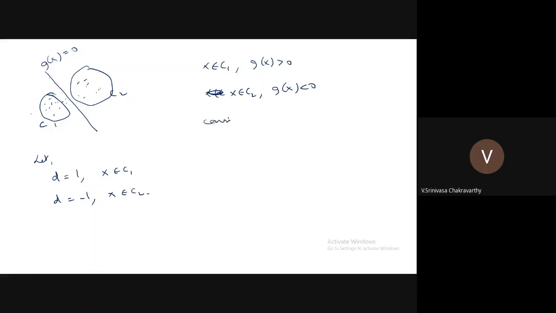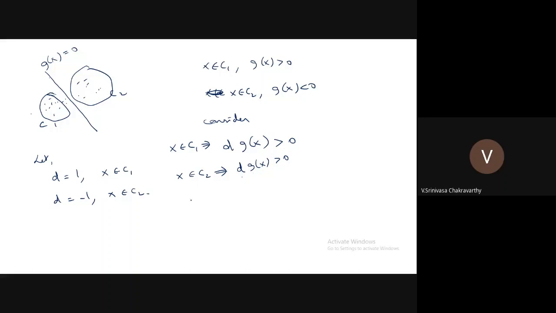consider D times G of X. Is this quantity positive or negative when X is in class 1? Positive, because D is positive and G is also positive. When X is in class 2, again positive, because now D is negative and G of X is also negative.